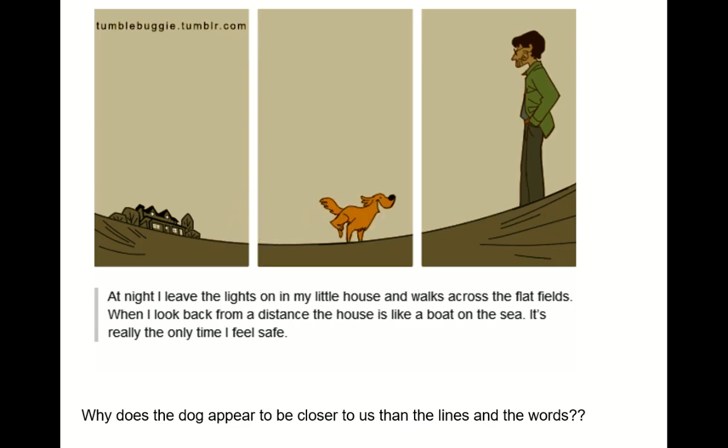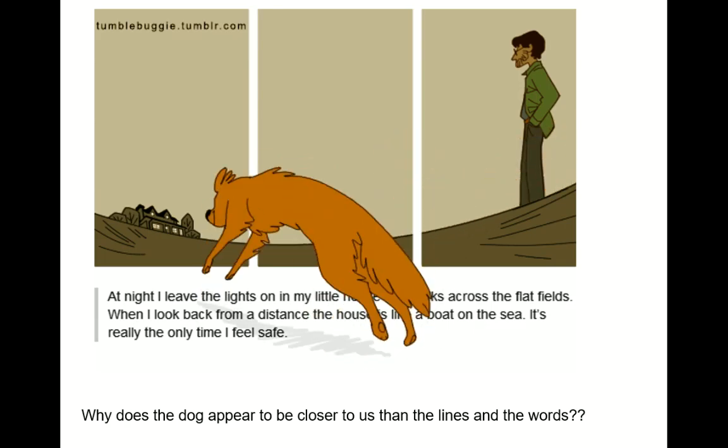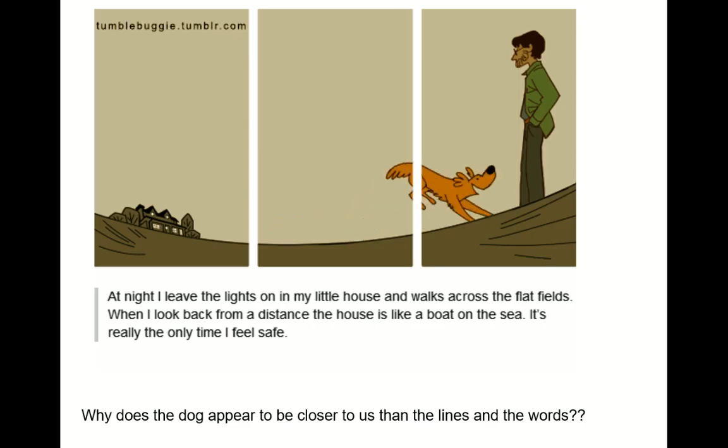Okay, interposition. When something blocks the view of something else, we perceive that thing to be closer than the thing it's blocking. So on your notes, you have the word overlap. Interposition means one thing overlaps with something else.